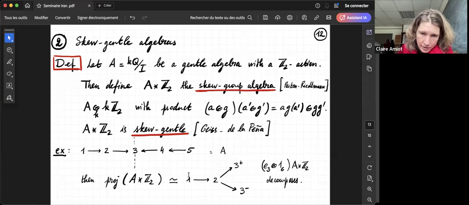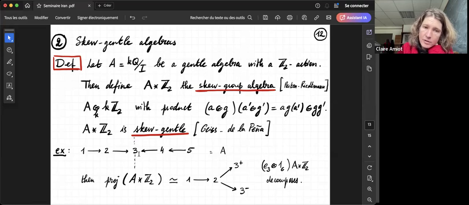Here, this vertex 1 corresponds to the projective E1 tensor the unity of my group times my skew-gentle algebra, which is isomorphic to E5, because 1 and 5 are in the same sigma orbit. But here some phenomenon occurs: the fact that 3 is fixed.